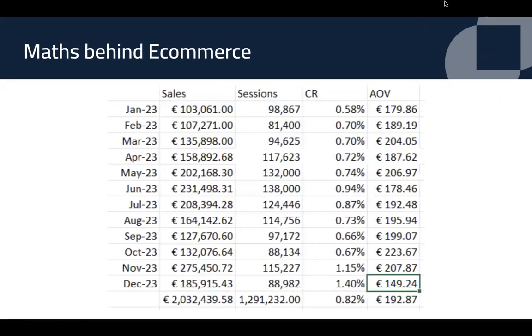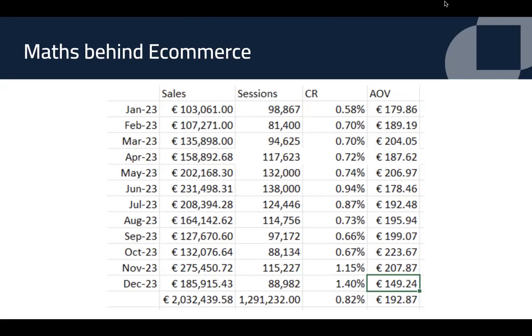And I've actually just added in an additional slide here. So if we're looking at the monthly breakdown of sessions, conversion rate, and AOV, this is something we suggest account managers, e-commerce managers, business owners really use to model your sales over the course of the year. So this particular view, if you look at the bottom of the sales column, is for a business that's projected to do 2 million for the year.